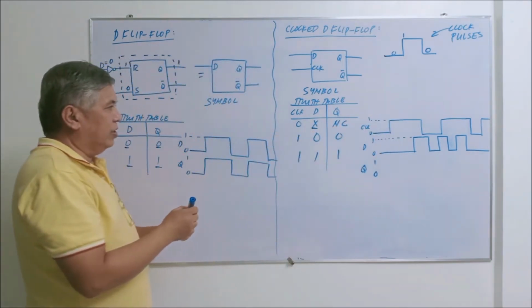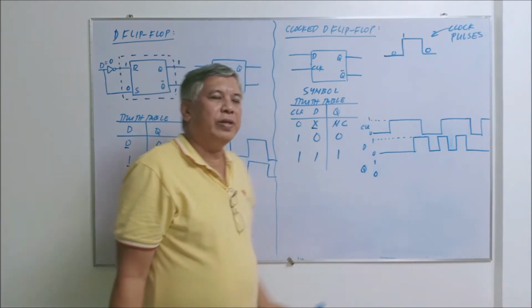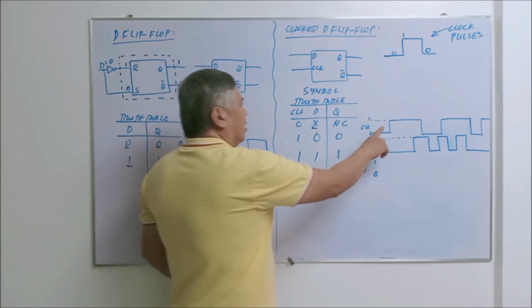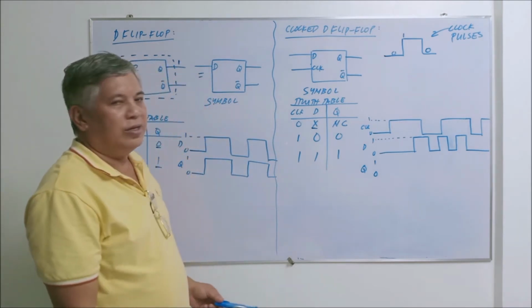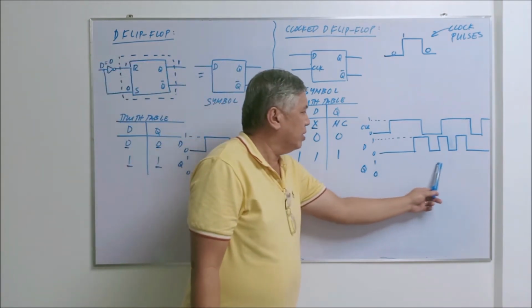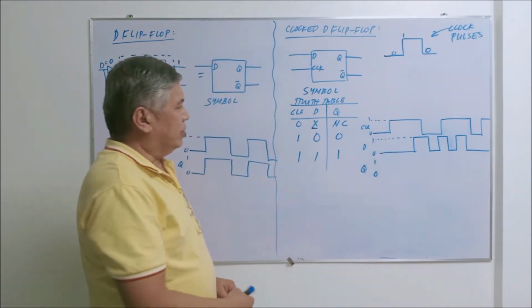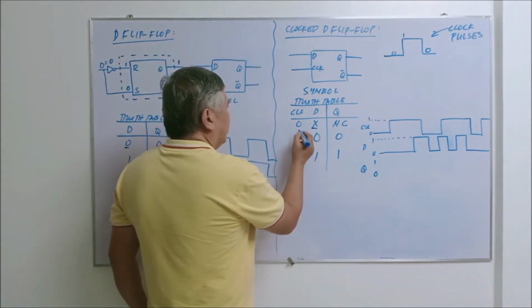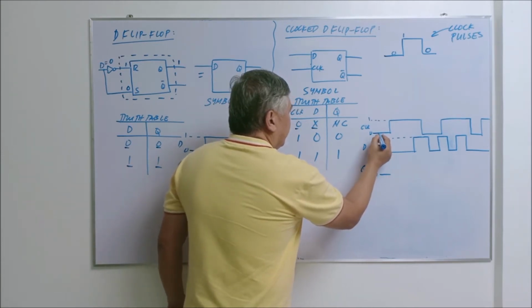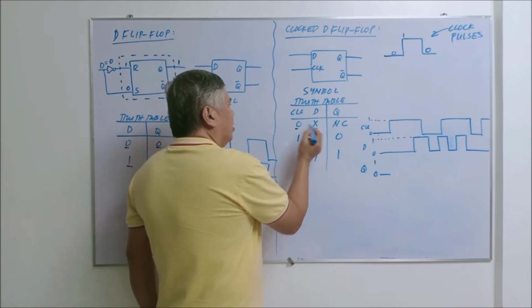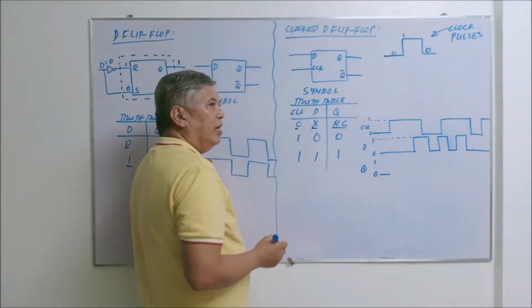Okay, so let us apply this principle in our timing diagram again. We have here our clock, these are our clock pulses, and we have here our input D. Now we want to obtain the output Q for the given clock and given D. So, again, if clock is 0, for example, we start at 0 here, and clock is still 0 here, then regardless of the value of your D, whether it is 1 or 0, the output is still a no change condition.